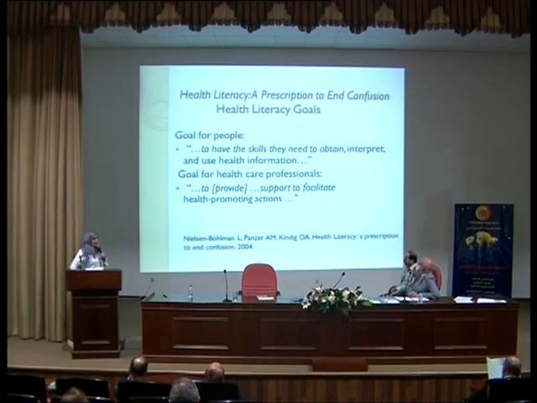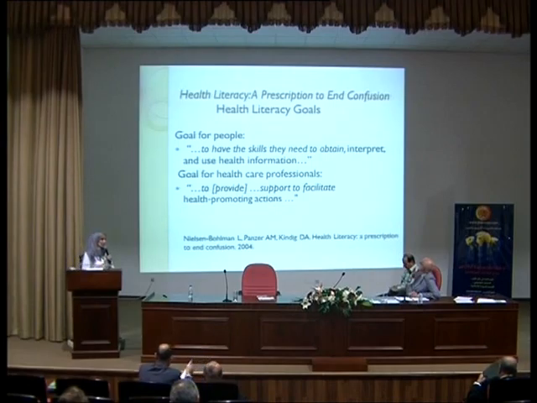When we talk about health literacy goals, we have two main goals: one for the people, that they get the education, and one for the healthcare professionals. Concerning people, the goal is to have the skills they need, because each patient has her or his own needs.